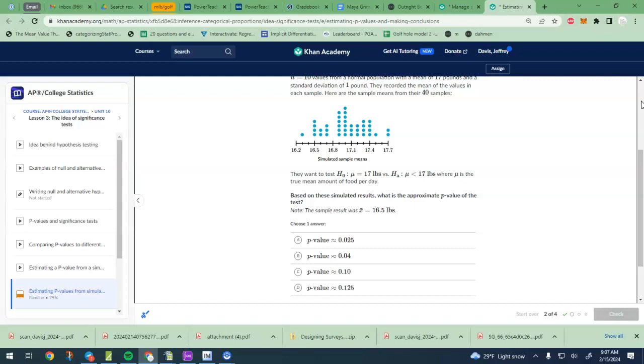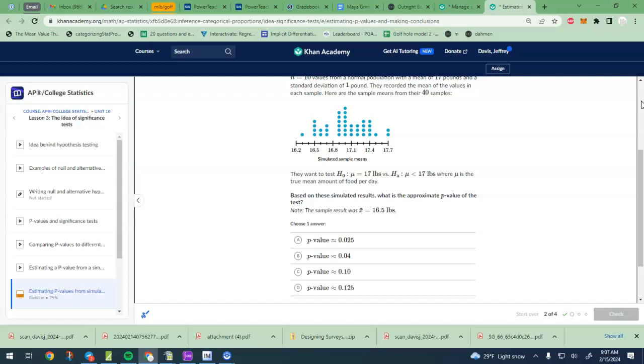So looking at their data, to find the p-value here, you look at the percentage. How many dots are at 16.5 or less? 5. How many dots are there total? 40. So 0.125. That'd be your p-value.